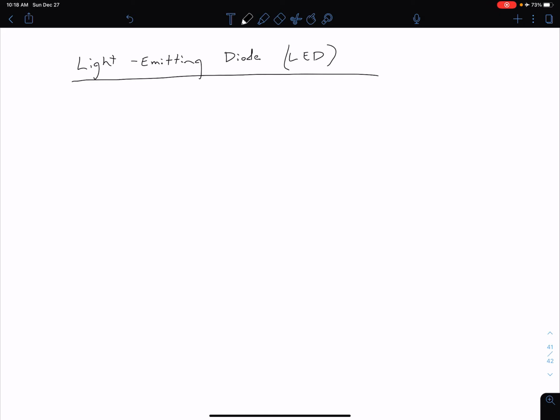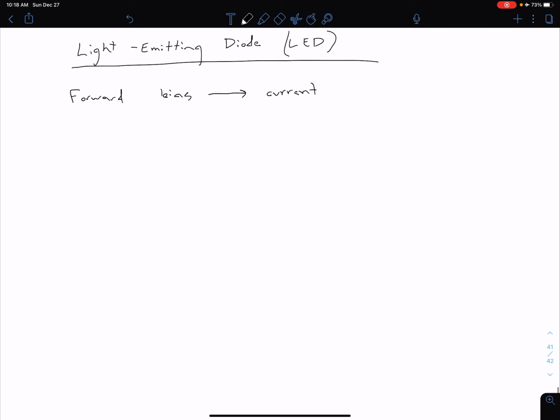So for a diode in general, we know that if we have a forward bias diode, we're going to have some current, because remember, we're counteracting that built-in barrier across our depletion region, and we have current flowing. So if we have current flowing, remember, for our p-n junction, that means carriers move out of our depletion region.